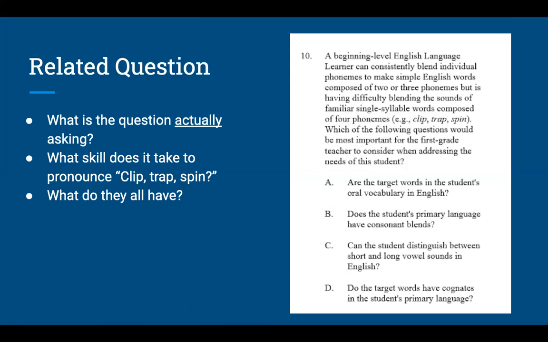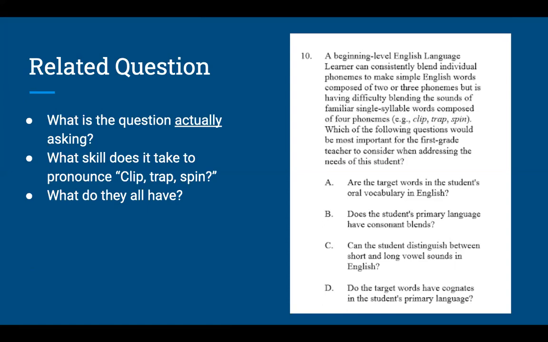The question says, a beginning level English language learner can consistently blend individual phonemes to make simple English words composed of 2 or 3 phonemes, but is having difficulty blending the sounds of familiar single syllable words composed of 4 phonemes. So examples are clip, trap, spin. Which of the following questions would be most important for the first grade teacher to consider when addressing the needs of the student?